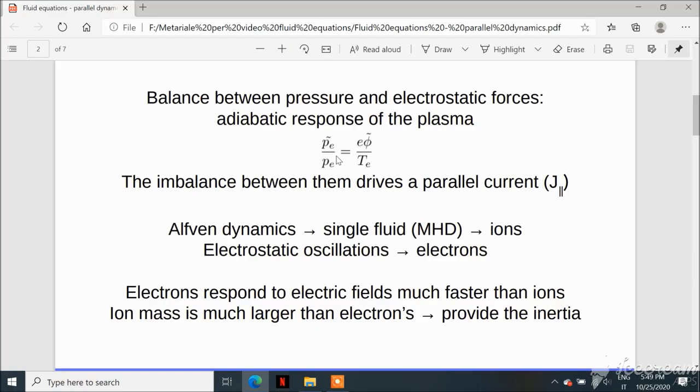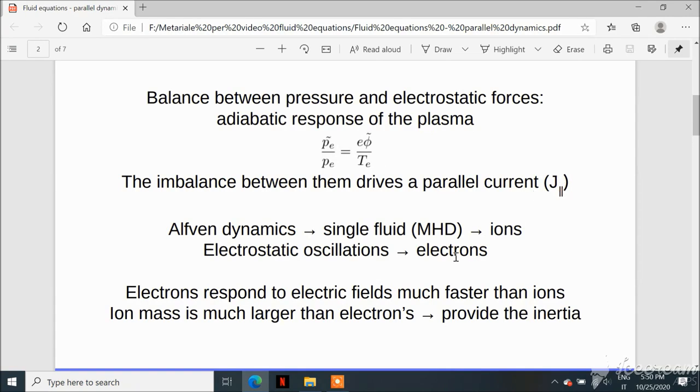Typically, this is a good assumption for the electrons, which have a much smaller mass than the ions, and so they are more strongly affected by electrostatic fields. So whenever we use this assumption, we are in the adiabatic limit, and this is valid under some circumstances. When there is no balance between these two terms, so when this equality is not true, this drives some parallel current, which will have some consequences on the dynamics, and we also consider this.